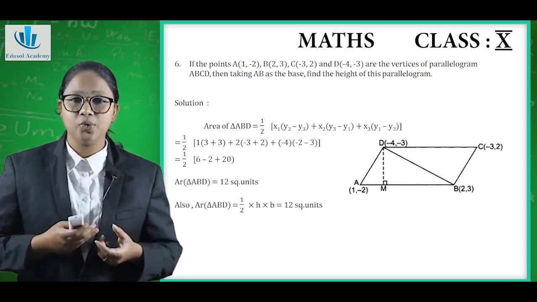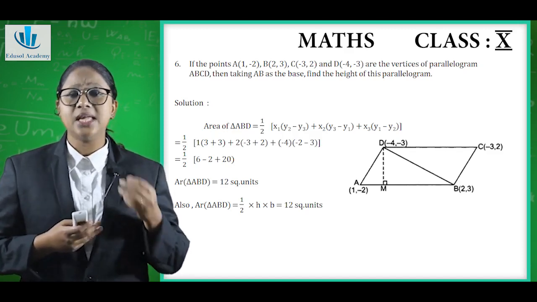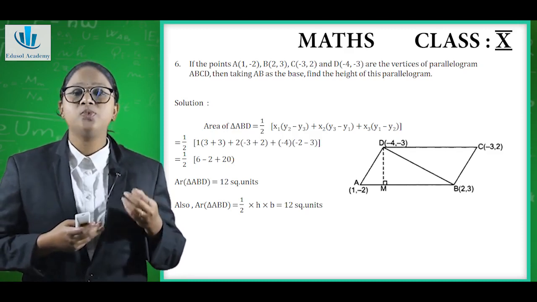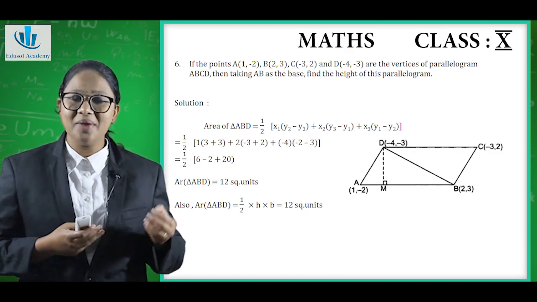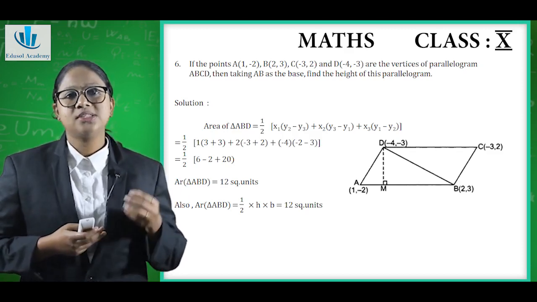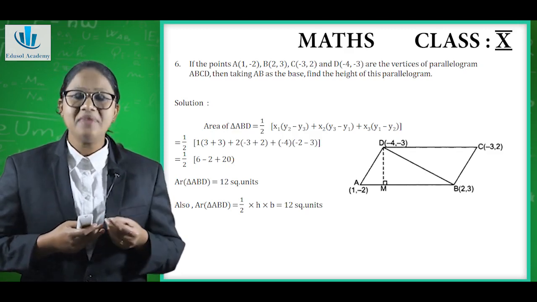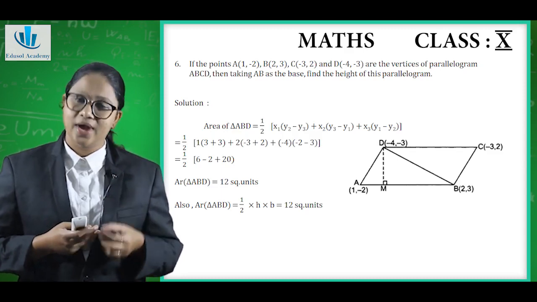So that's what we are doing in the first step. Area of triangle ABD is equal to half into x1 into y2 minus y3 plus x2 into y3 minus y1 plus x3 into y1 minus y2. Substituting all the values, we will get the area of triangle ABD as 12 square units.